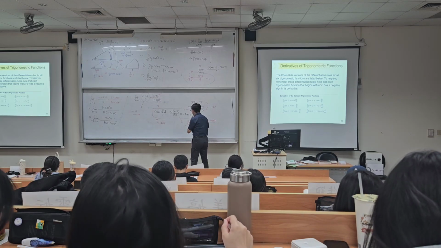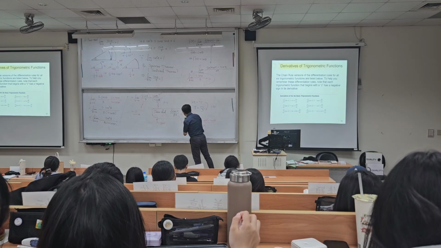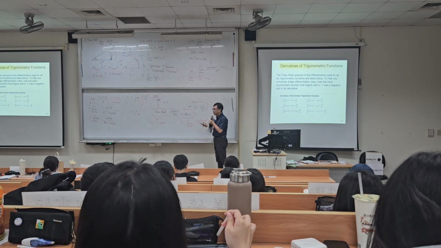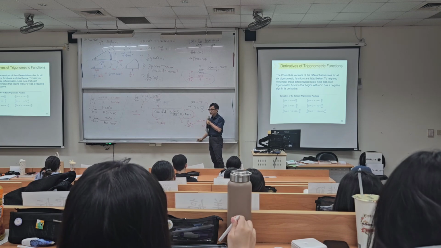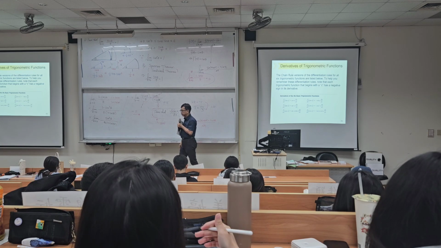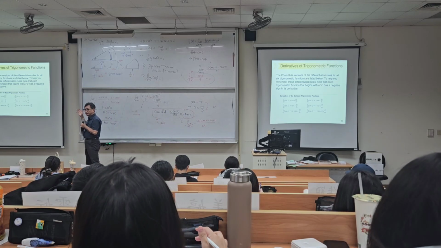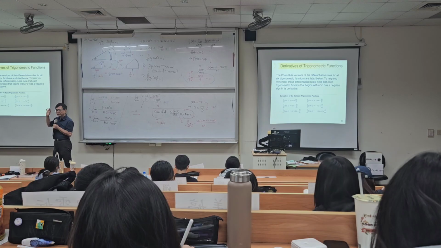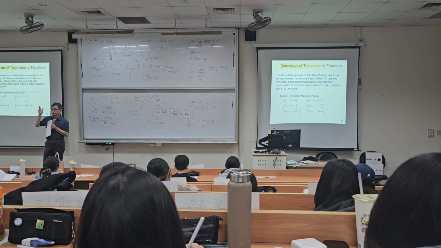And then you try to prove that this limit equals minus sine x. Just use the definition of the derivative as above, and you get minus sine x. Okay. Question so far? Any question?